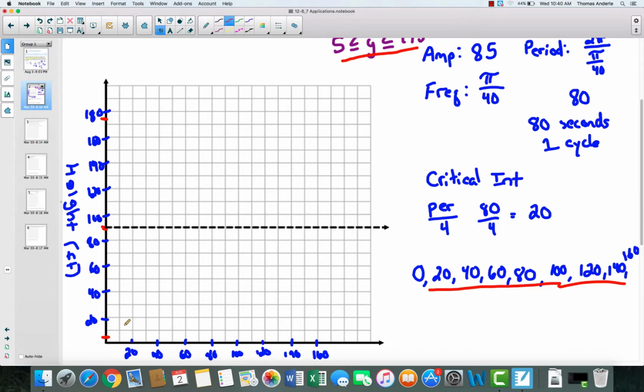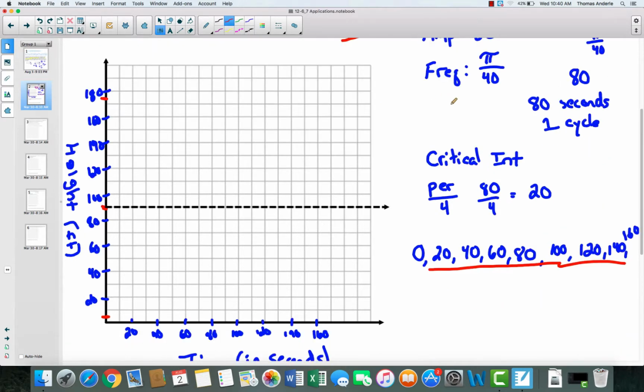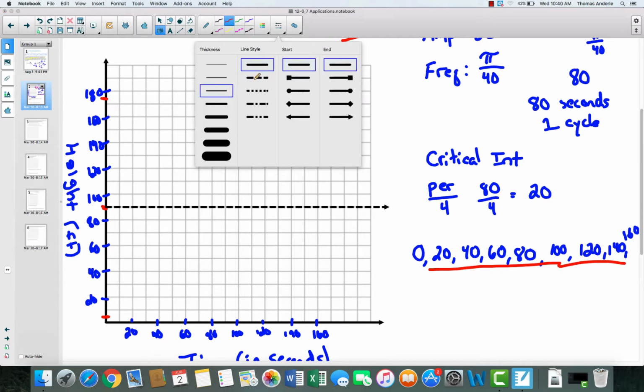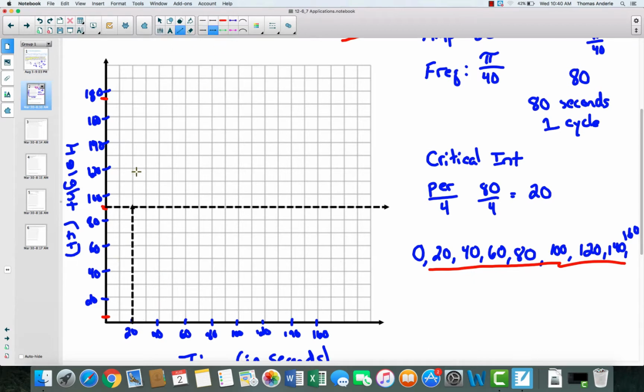So let's just see, is it a positive or a negative cosine graph? It's a sine graph. Oh, one thing we have to do is shift this to the right 20. So our starting point is not going to be at the origin. It's going to be shifted to the right 20. So I'm going to actually do this as well.